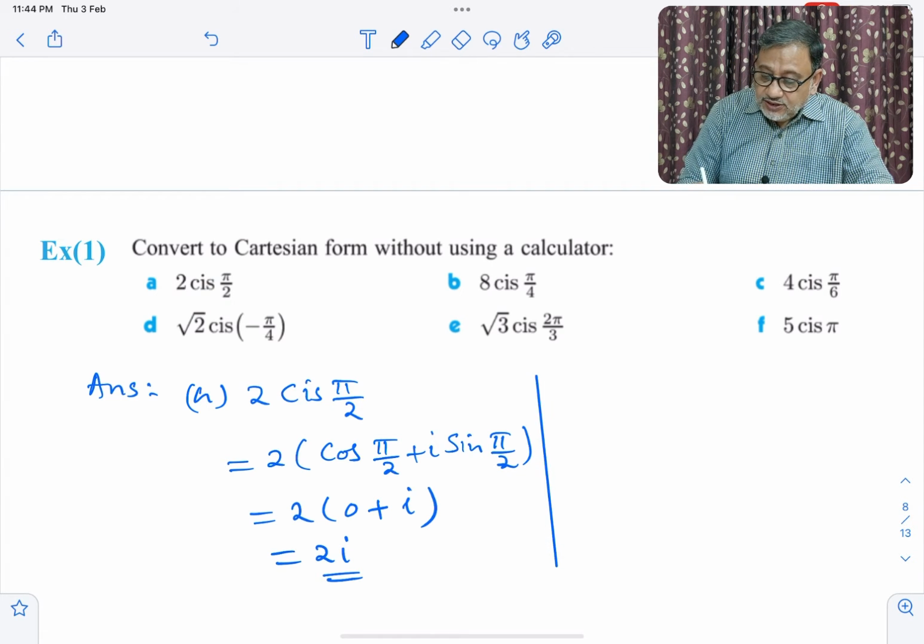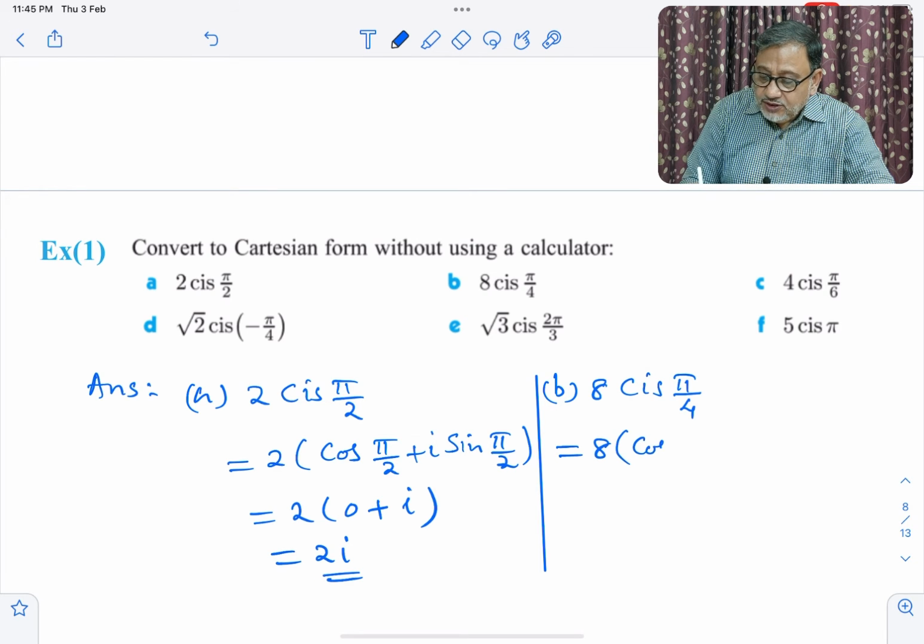Let me write the second part here, part B. 8 cis pi by 4 will be equal to 8 into bracket cos of pi by 4 plus i sin of pi by 4, according to the definition.